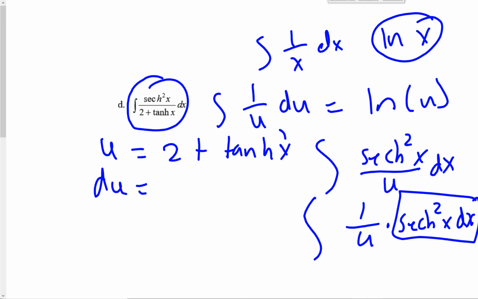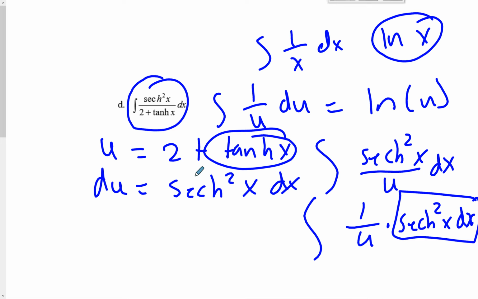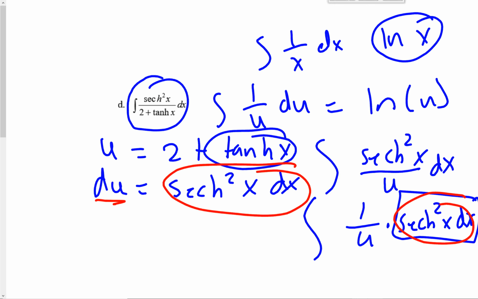So I know this is probably going to be the derivative if I look at my derivatives of hyperbolics. The derivative of hyperbolic tangent of x is hyperbolic secant squared x. And I have dx right here. So that's perfect. That right there is du.